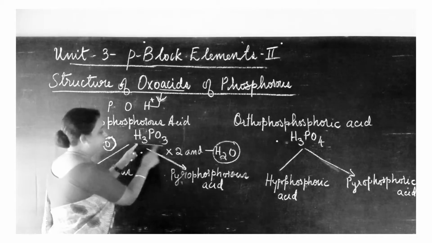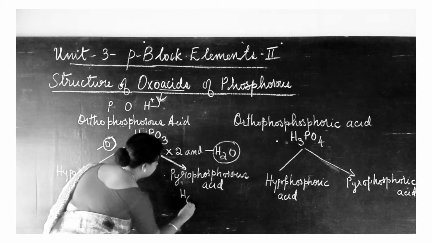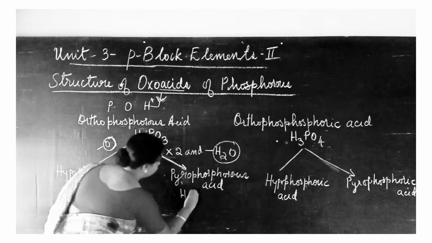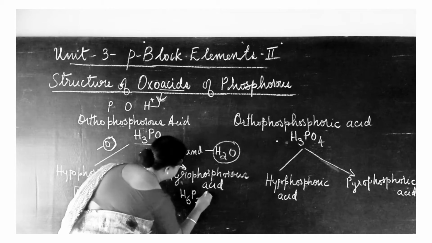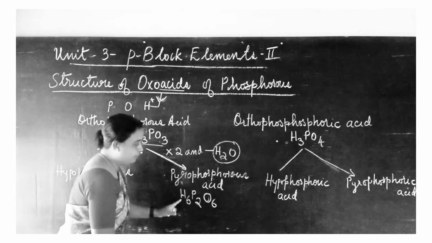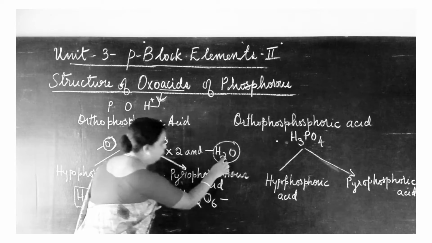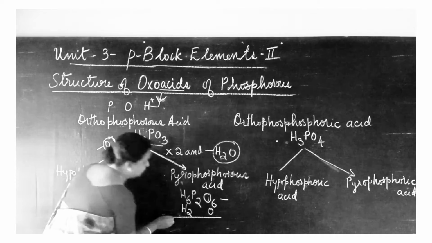So let us multiply H3PO3: H3 into 2, so you get H6. P into 2 gives you P2, and O3 into 2 gives you O6. Okay, now from this you just minus a water molecule, H2O. So what you get?